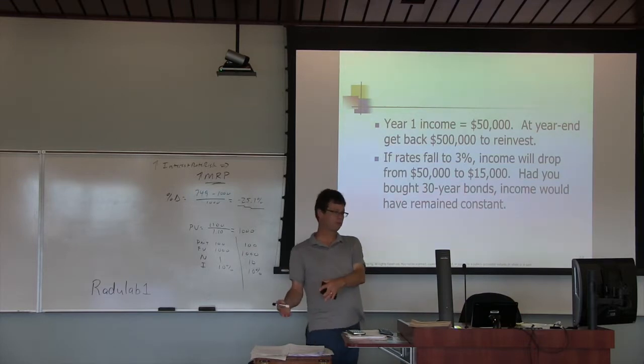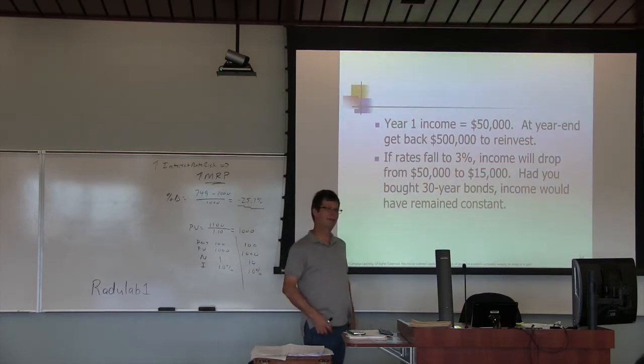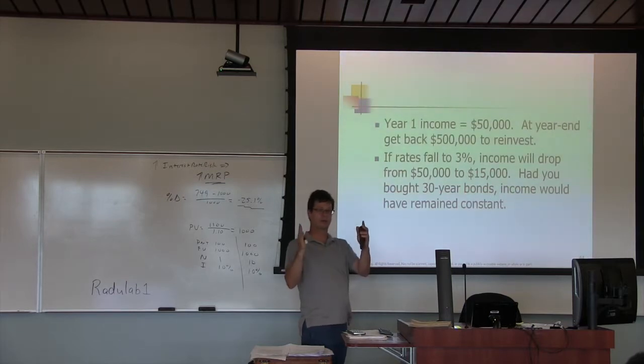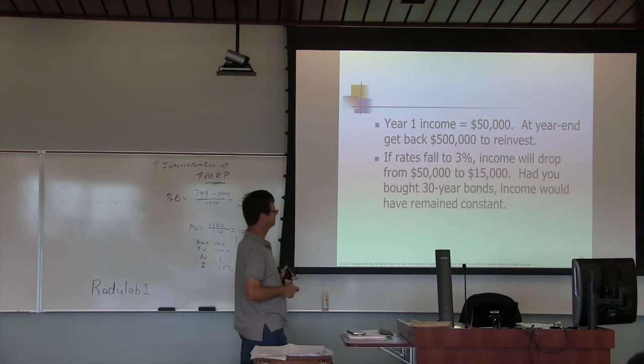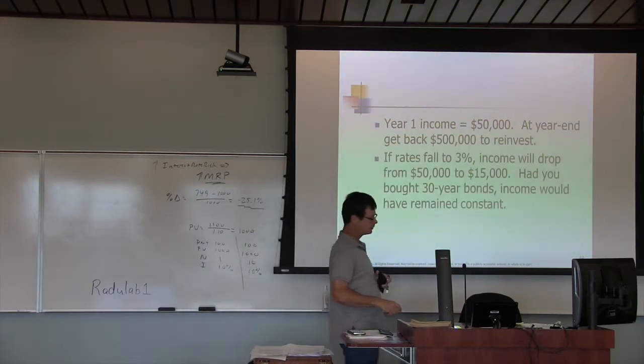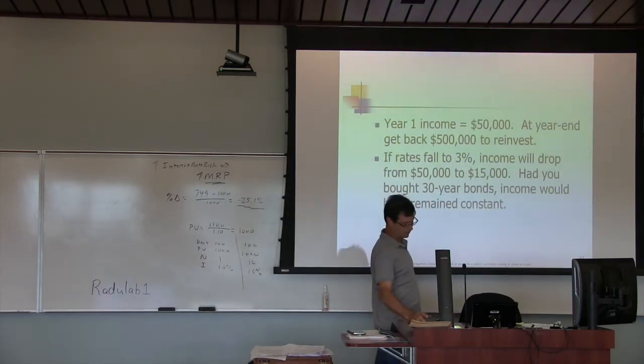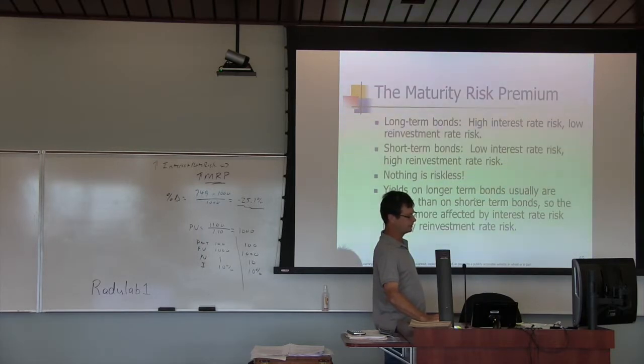Because you still have your principal of the 500,000 there, and that reinvestment rate risk starts to hurt you when you use the short-term securities. If you bought 30-year bonds, you would receive the same $50,000 each year out of it.